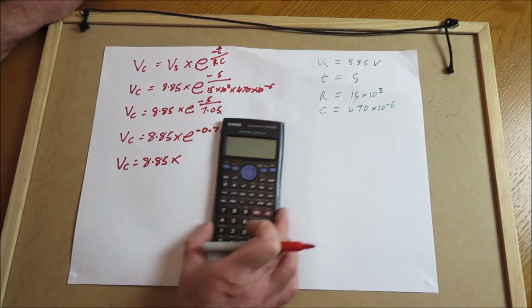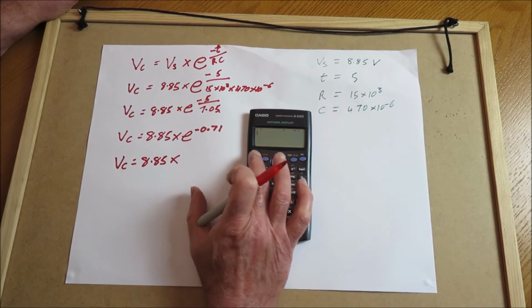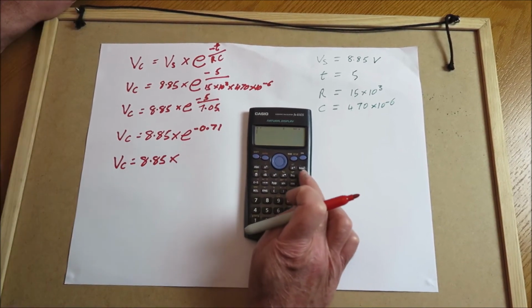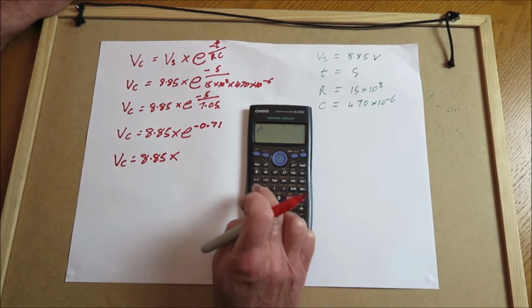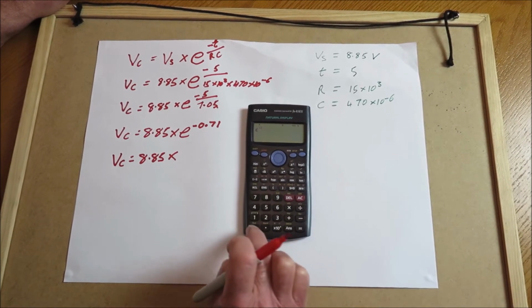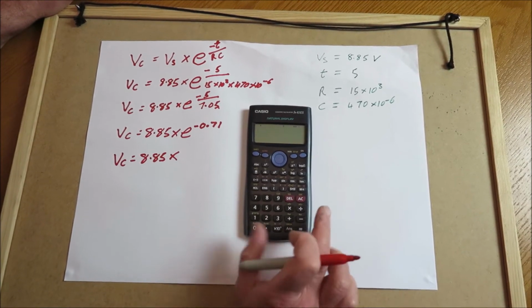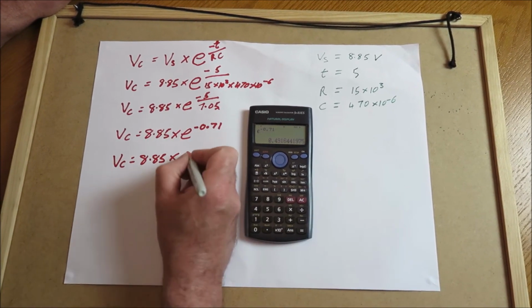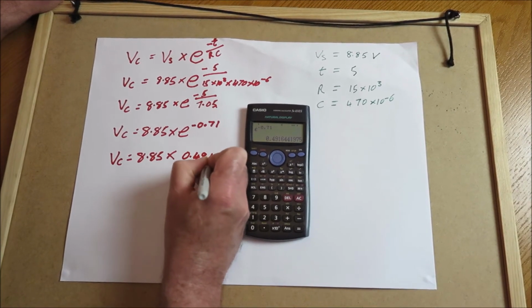So on this calculator, there'll be shift, E to the X, and it gives you that, and you put minus 0.71, equals, and it gives you 0.491.